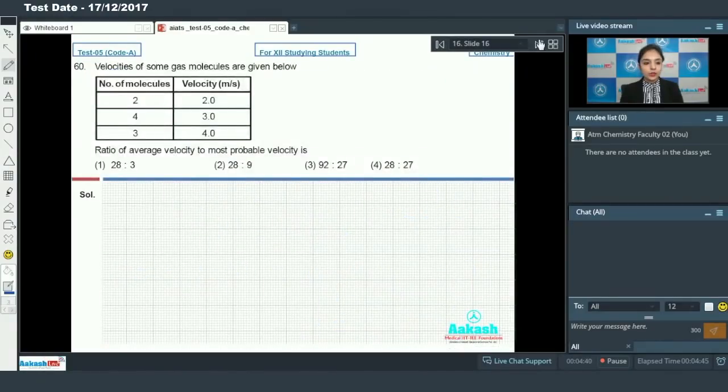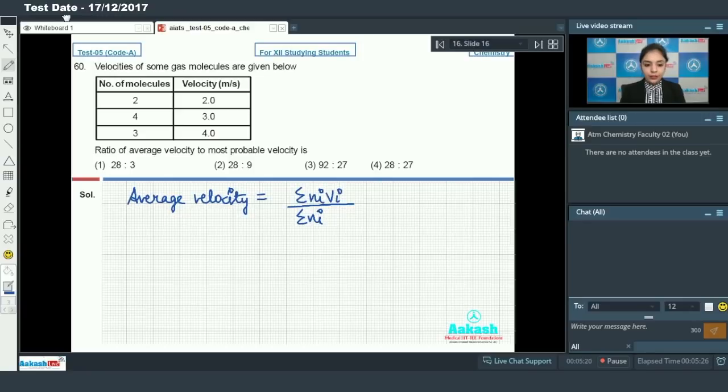So let's move on to the next one now. You have question number 60. In this case you have been given the velocity of some gas molecules and you have to find out the ratio of average velocity to most probable velocity. So the average velocity is equal to summation of number of molecules into the velocity divided by total number of molecules.